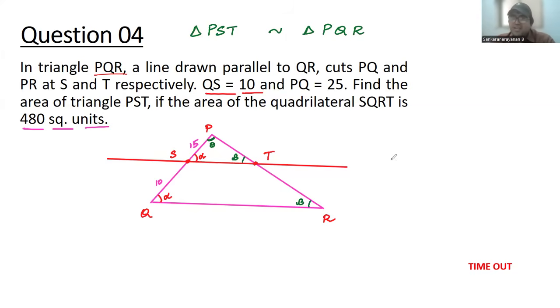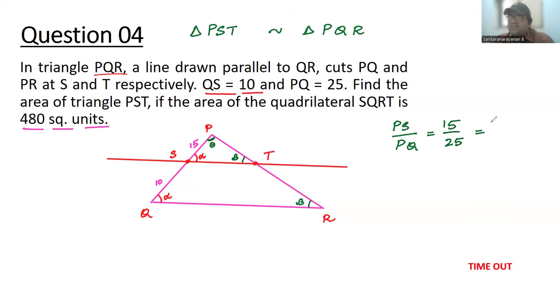So that helps me to say the ratio of the sides of the small triangle to that of the big triangle. I would consider PS divided by PQ. That comes as 15 divided by 15 plus 10, that is 25.